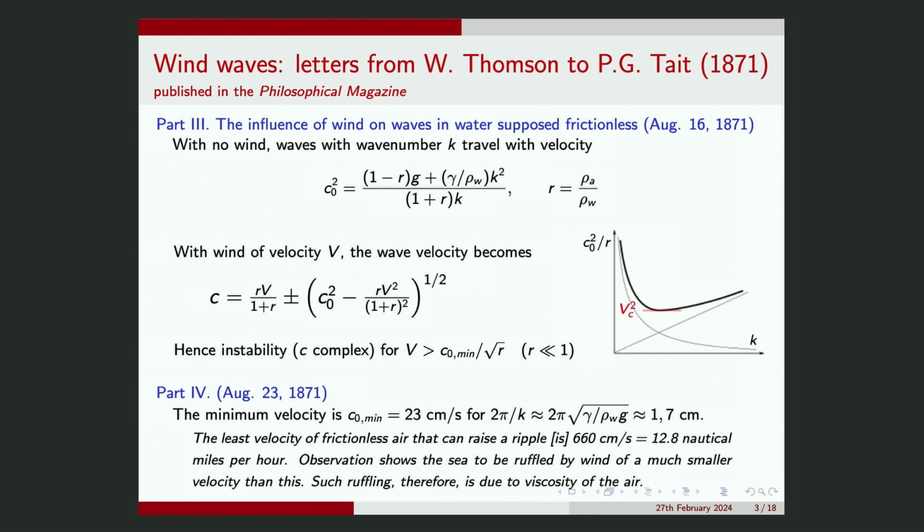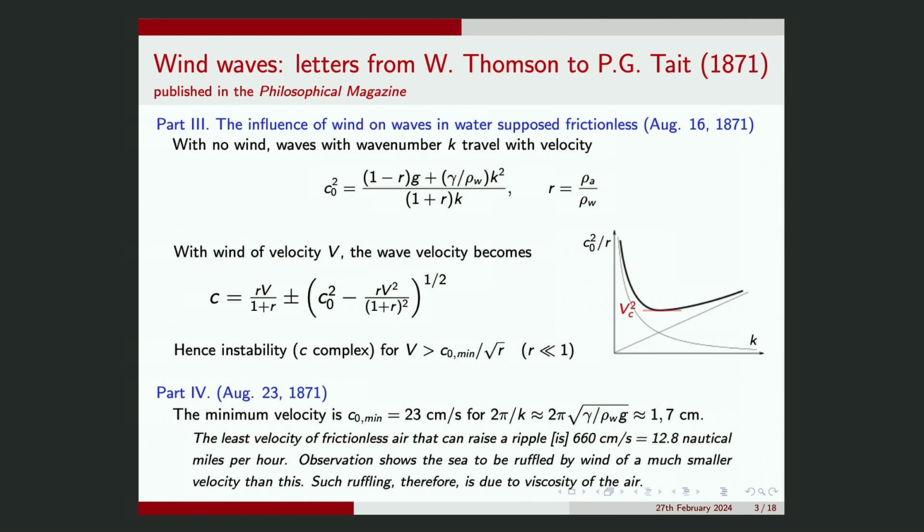Here is a picture of this situation. Here is plotted the square of the wave velocity without wind, and instability appears when the square of the wind velocity reaches the minimum of this curve.